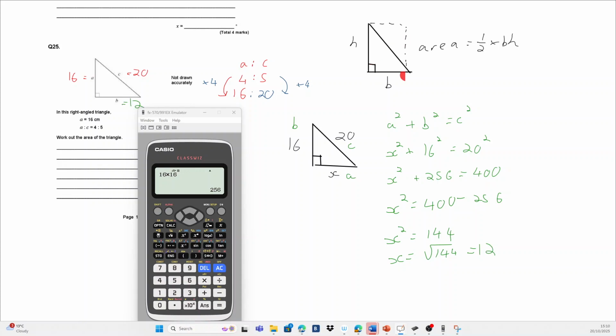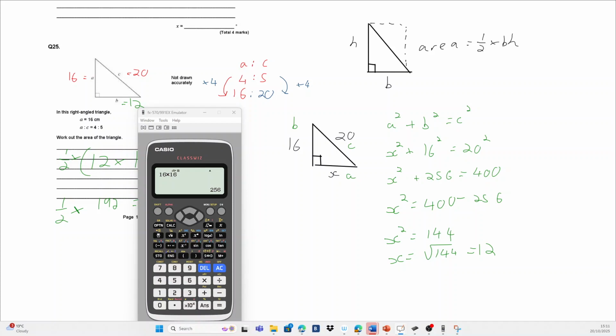So using the formula over here, the base now is 12, so it's 12 multiplied by the height of the triangle, which is 16, and then we half this. 12 by 16 is 160 add 32, which is 192, and half of 192 gives us 96 centimeters squared, and that should be correct.